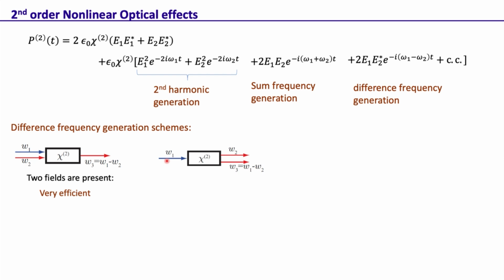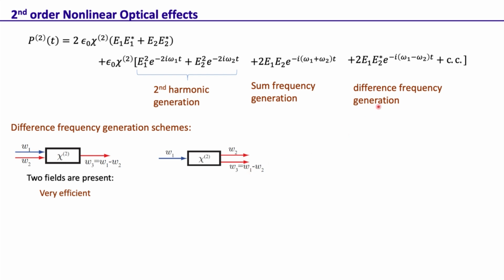So here, because of chi 2, there is a finite probability that we can generate fields at omega 2 as well as fields at omega 1 minus omega 2. This omega 2 could be anything. This omega 3 can be anything as well, except that omega 3 has to have the relation that omega 3 is equal to omega 1 minus omega 2 in order to conserve energy.